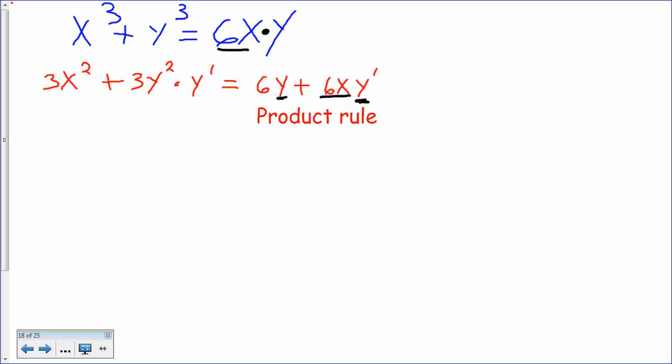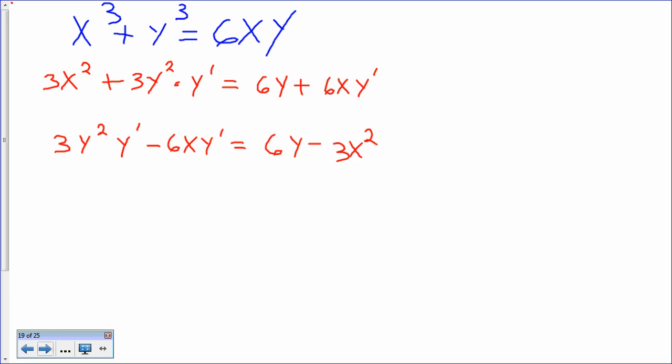Now the goal is to find dy/dx. dy/dx is y prime, which means I have to solve this equation for y prime. Algebra 1 at this point. Well, maybe algebra 2. But you're getting everything together onto one side. All the y primes came to the left, and all the non-y primes I took to the right.